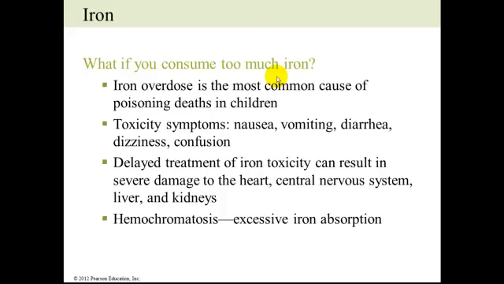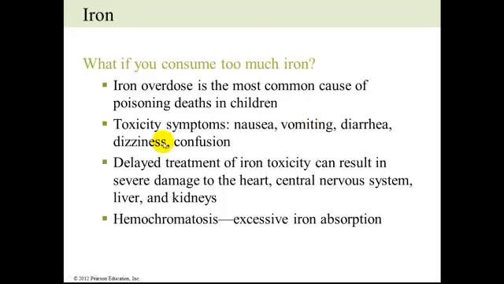Now, that doesn't mean that you necessarily need any sort of supplementation. Iron supplements, you can overdose on iron. One of the things that happens when people do any sort of iron supplementation is that constipation is a very common side effect. However, in small children, children under the age of 6, iron poisoning is actually a very common cause of death. It's the most common cause of poisoning deaths in children under the age of 6, is iron overdose.